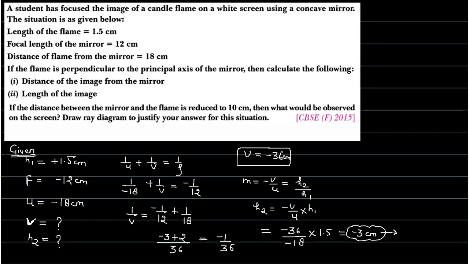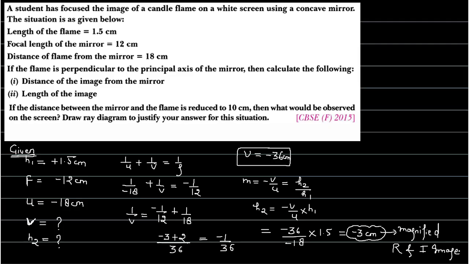It is clearly visible that the image is magnified, and the value is negative. That means it's a real and inverted image, right?